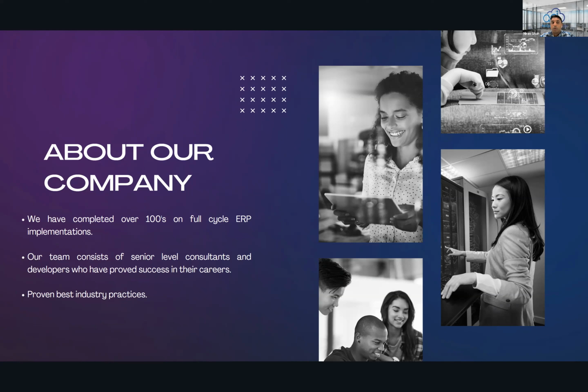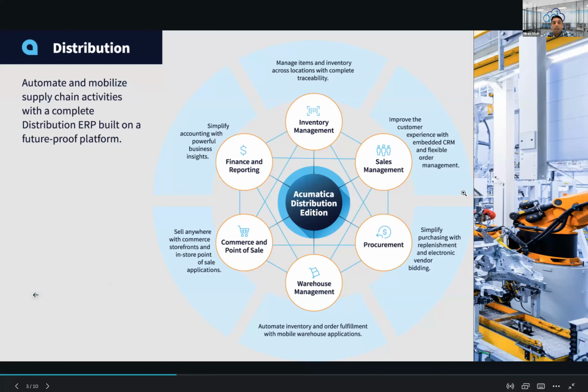We come in, we'll provide a holistic and organic look at your company to ensure we are providing the best processes and services to our clients. Today, we're going to focus on distribution and how Acumatica could level up your distribution processes for your business.